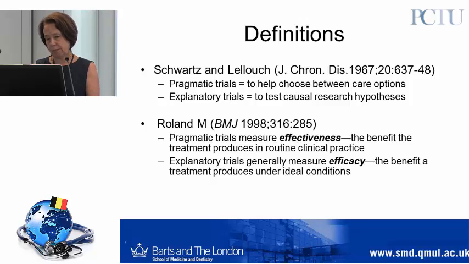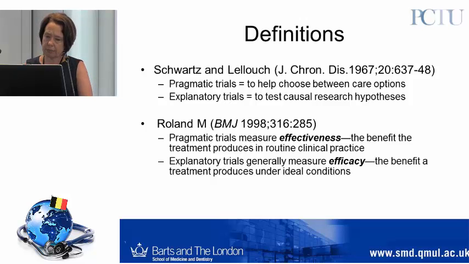Just a couple of things about those definitions. When Schwartz and Lellouch first proposed their definitions, if you read their paper, they were thinking largely about drug trials. Since then, things have really moved on, and a lot of these trials are no longer drug trials. So we are talking about drug trials, but we're also talking about non-drug trials.